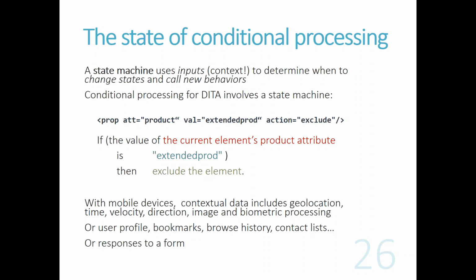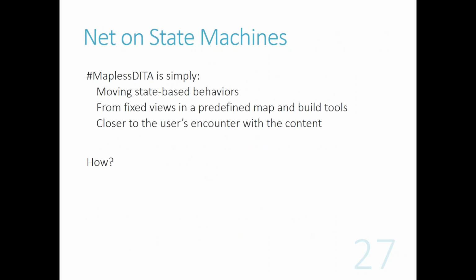Or it may be as a result of responses you've had to a form. So the overall takeaway here on state machines is that in regards to mapless data, it's simply moving state-based behaviors from fixed views in the defined map and the build tools closer to where the user is actually going to interact with that content. How do we do that?